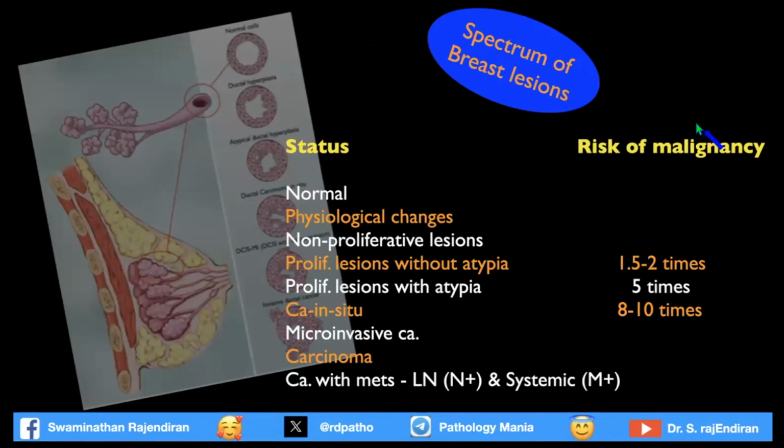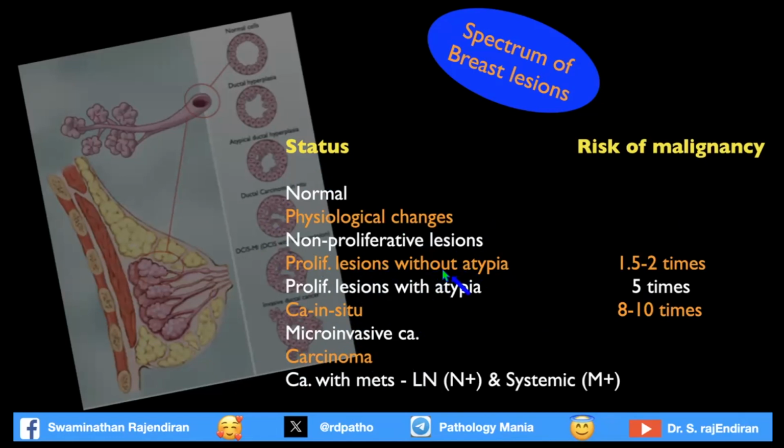And breast lesions happen in a spectrum from normal to physiological change. As I told you in the previous slide, it's a non-proliferative lesion, proliferative lesion without atypia, proliferative lesion with atypia, carcinoma in situ, microinvasive carcinoma, and carcinoma with lymph node and systemic metastasis. Why do we have to know the spectrum? The minute you get the cancer, there is a failure in our system. We have to identify the patient before developing into cancer, for example, in the proliferative stage itself.